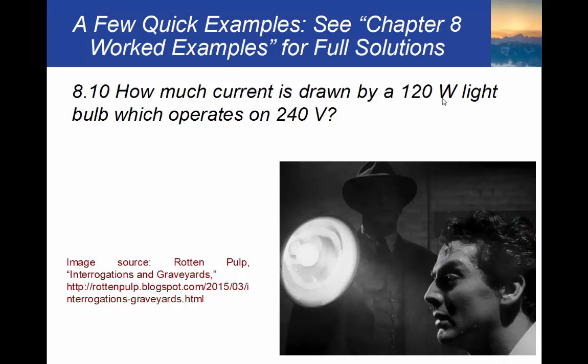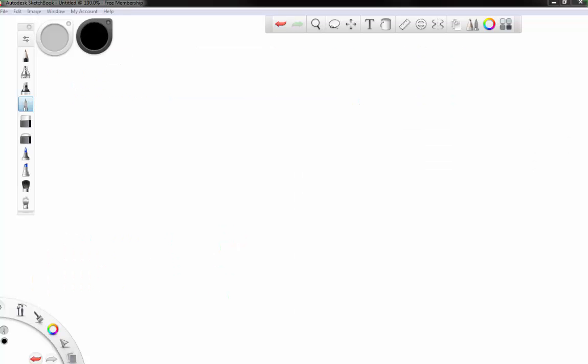All right, how much current is being drawn by a 120 watt light bulb which is operating on 240 volts? To solve this problem, we can use that same P equals IV equation that we just looked at. The power is the current times the voltage, and since we're looking for the current, we need to solve this thing for current.